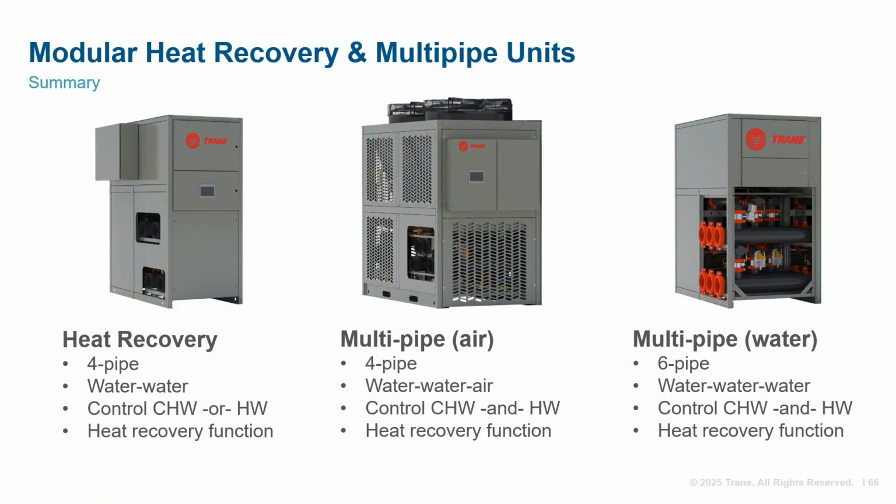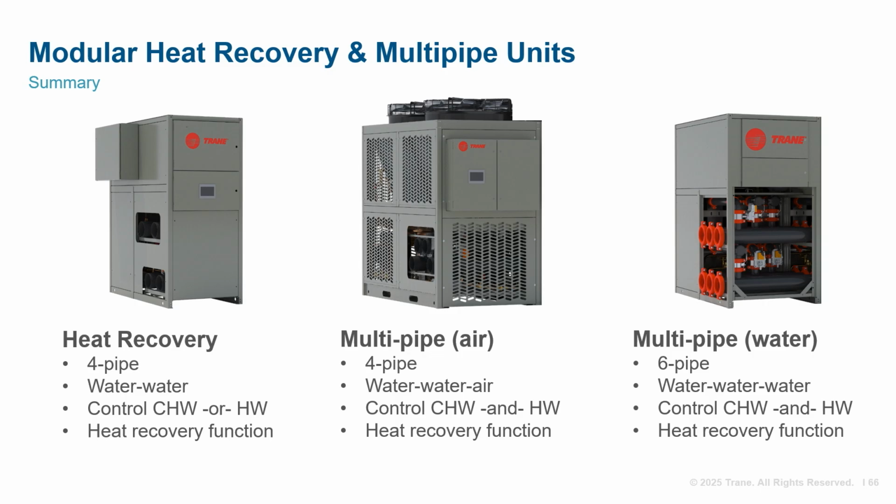Heat recovery units are water-to-water devices and can control either the hot water temperature or the chilled water temperature. Heat recovery units are high efficiency because the same power input provides both heating and cooling output. Multi-pipe units also provide heat recovery, but allow for regulation of hot water temperature and chilled water temperature at the same time.